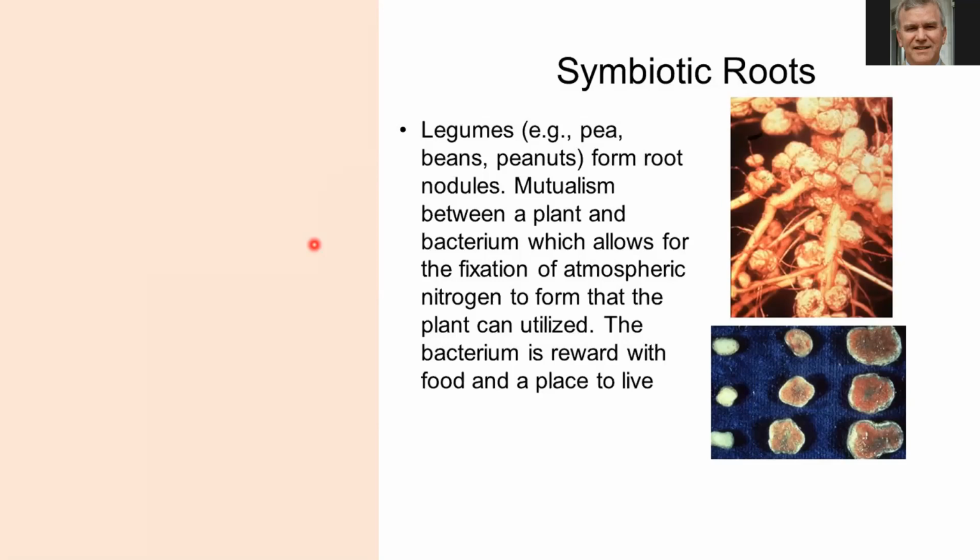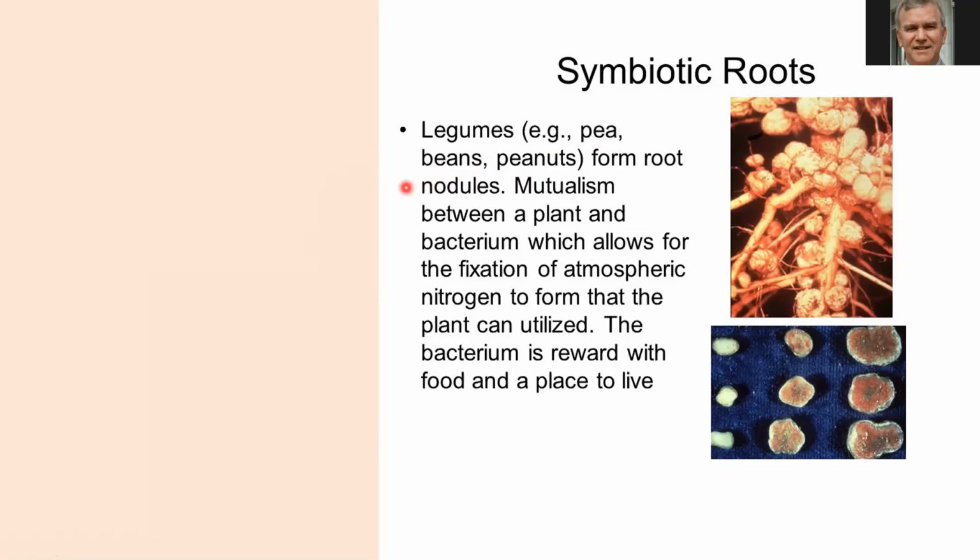So symbiotic relationships between a microorganism and a plant take place in legumes, for example. Legumes like peas, peanuts, soybeans, all kinds of beans. These are all examples of legumes. Alfalfa is a legume.